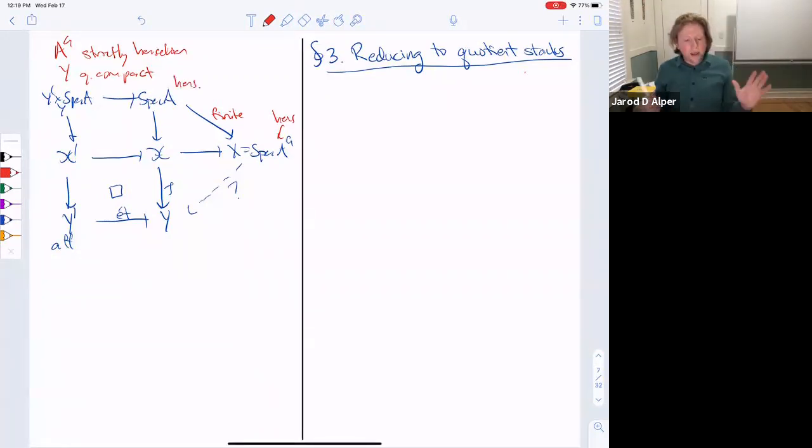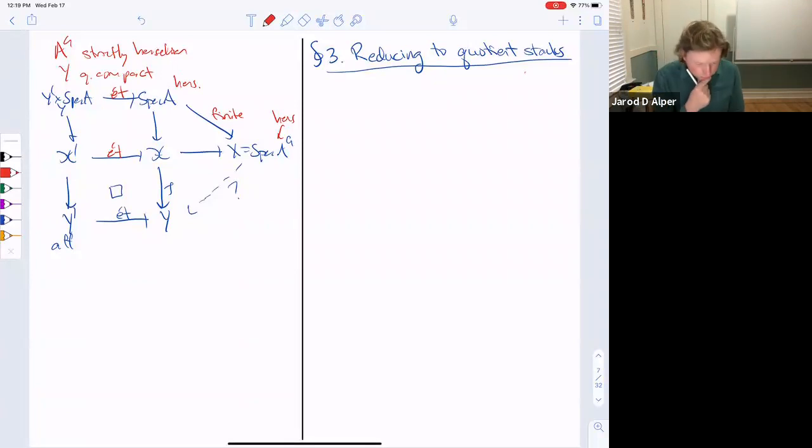In fact, the only two properties that we'll be using about Henselian rings are that it's stable under finite extensions, and that any étale cover of a strictly Henselian thing has a section. Right. So in this picture, this is étale. This is étale.